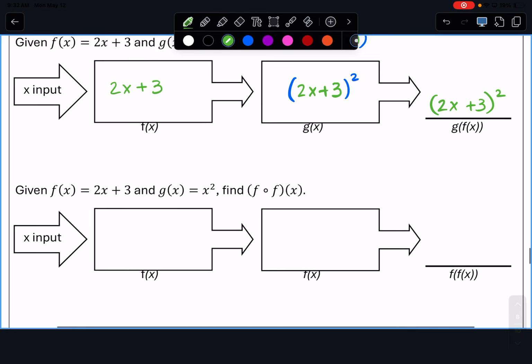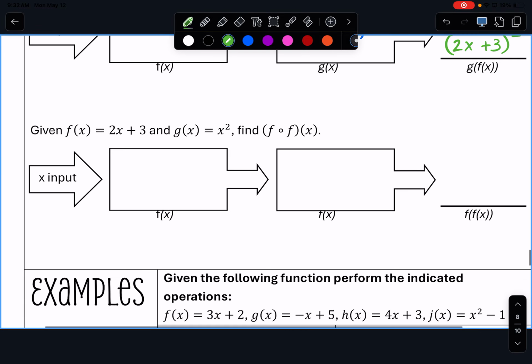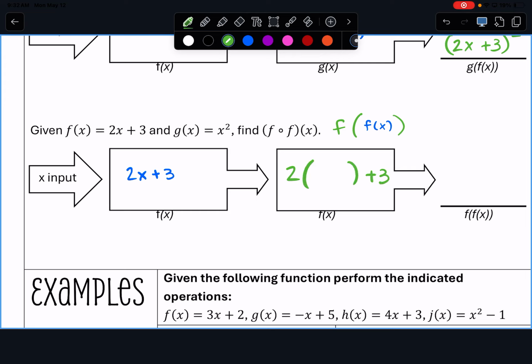Now, you can also have a composite function like f of f of x. We're going to take our function 2x plus 3 and plug it into the function 2x plus 3.